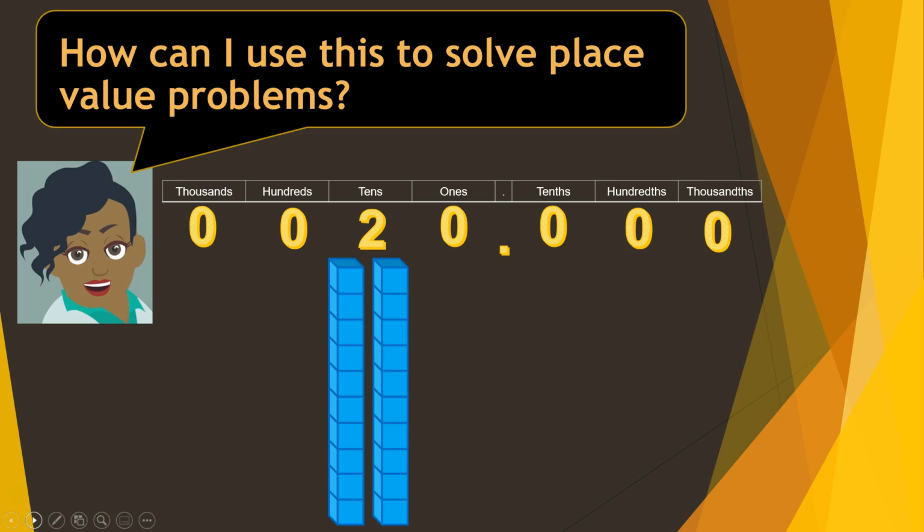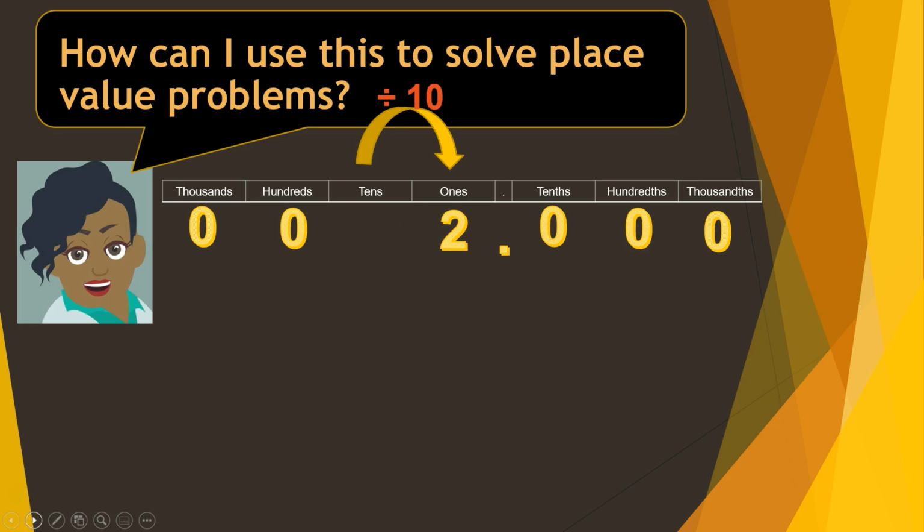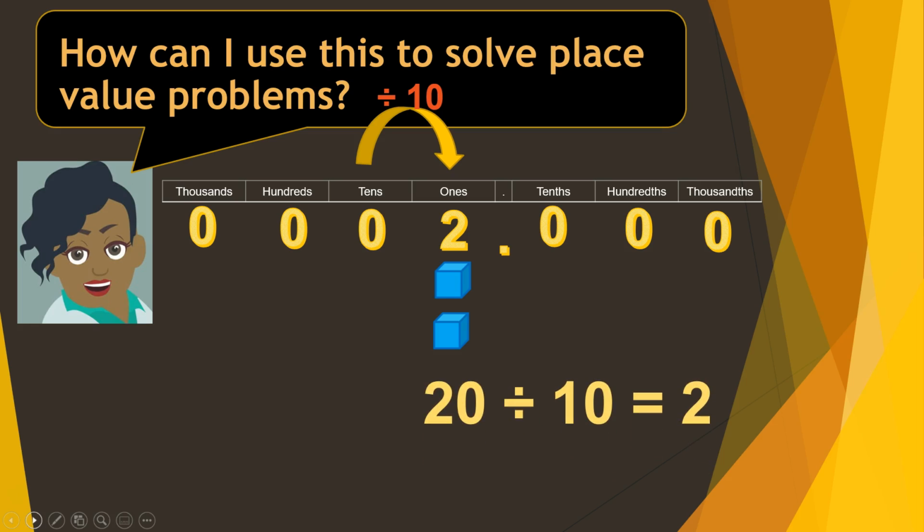When we move the digit 2 one place right, it will have 1/10 the value. The value is divided by 10. That means my representation will be 1/10 smaller, and I can represent the move with the equation 20 divided by 10 equals 2.